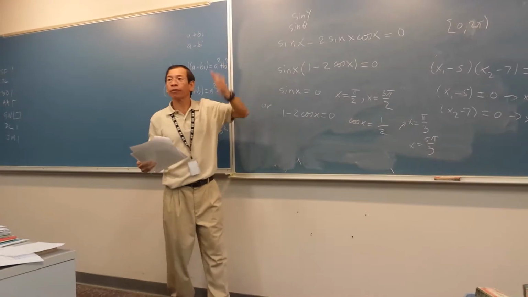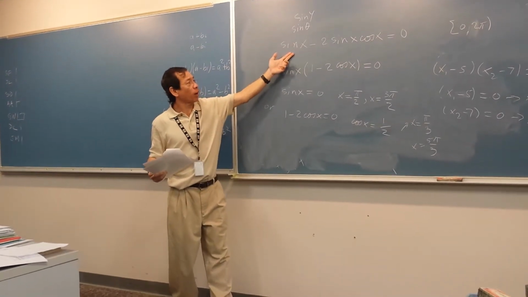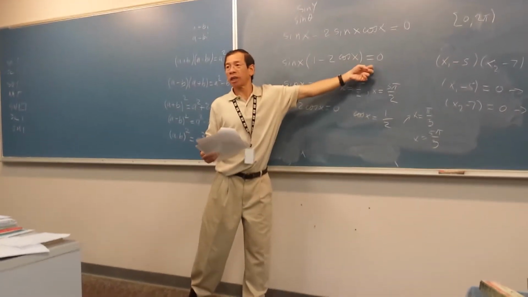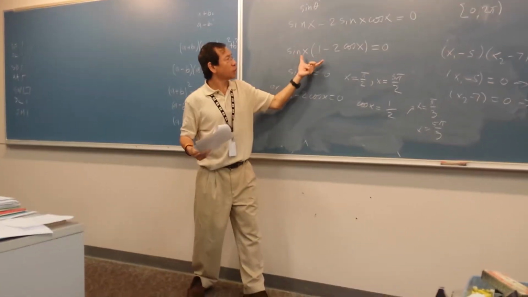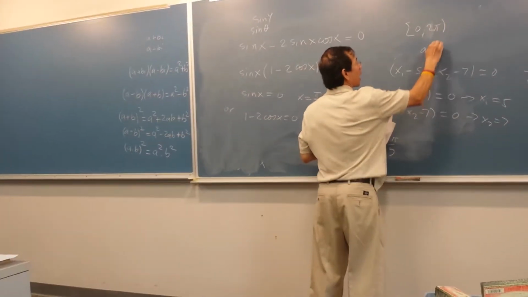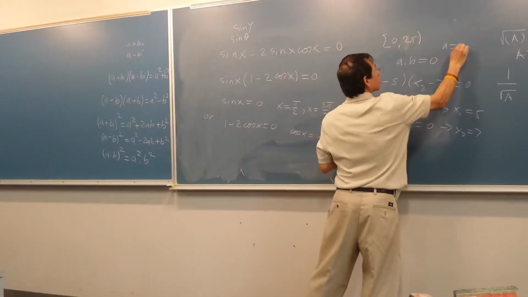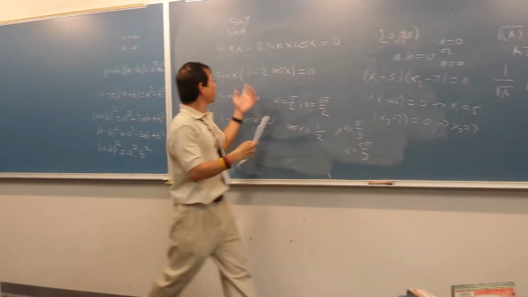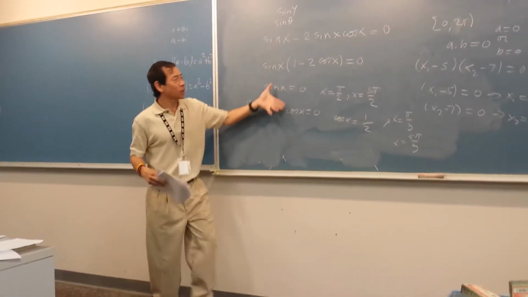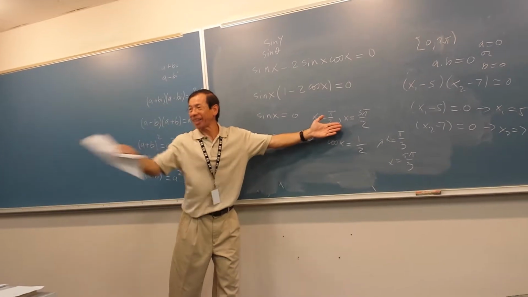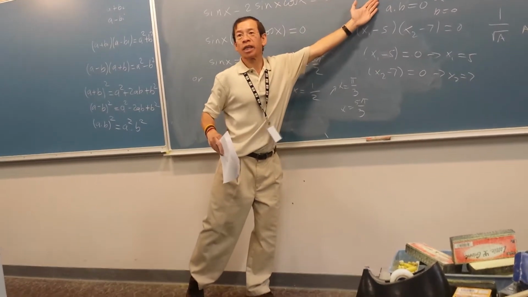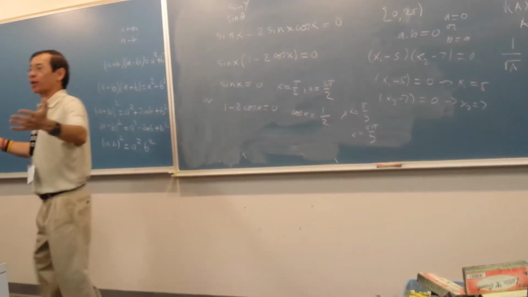In order to solve the problem, we want to put it in product form so that one side equals 0. Then we solve algebraically, because if a times b equals 0, then either a equals 0 or b equals 0. Once we have these two, we solve using the unit circle, and we ask ourselves whether they are in the interval. If they are, we have all the solutions.